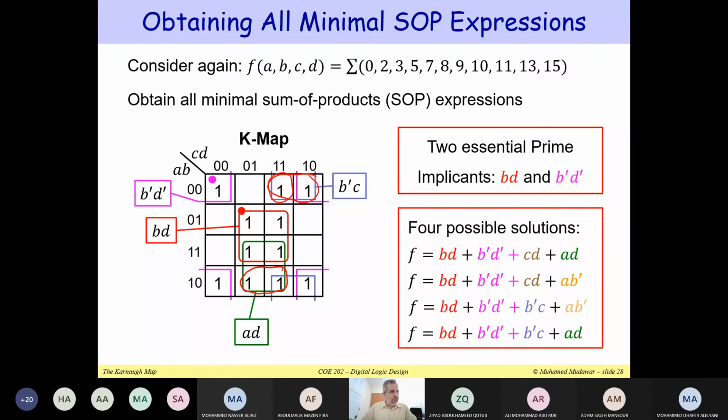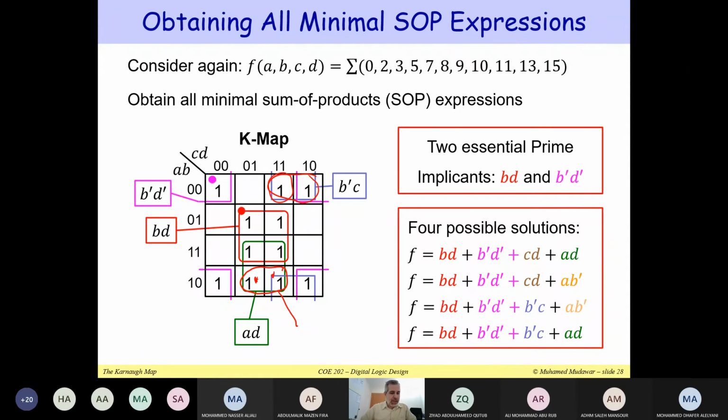Remember that we would like to have a minimal sum of product expression. So if you combine only 2, you tell me what is the expression for these 2, Ali. Give me the expression. I would like to combine these 2 minterms, this one and this one.